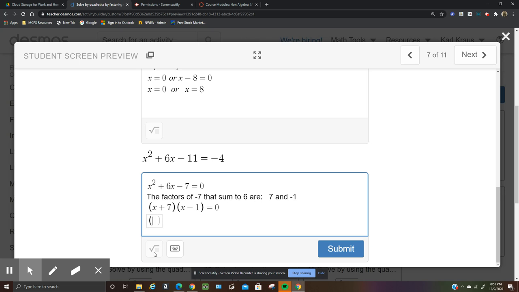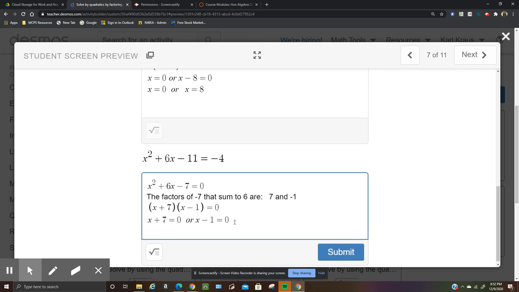Equate each factor to 0. x equals -7, x equals 1.